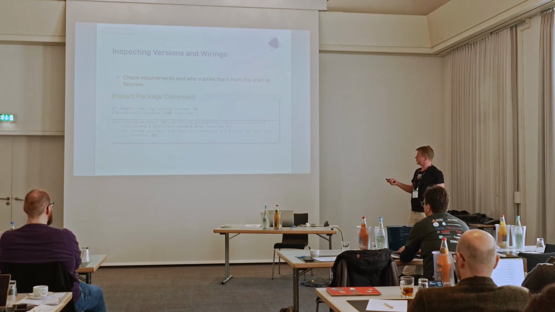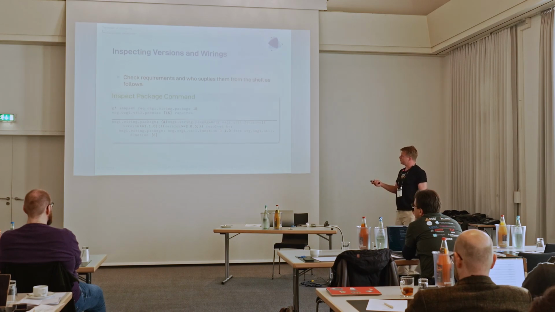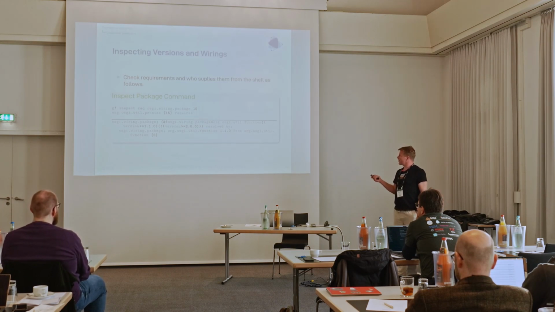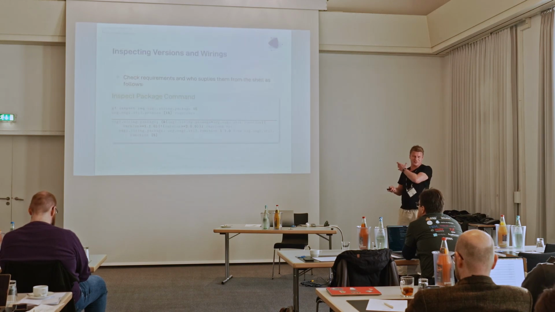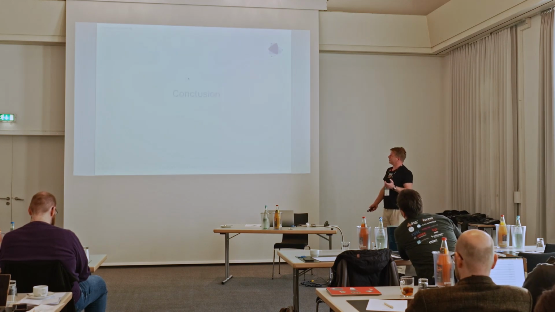It says, okay, I have an OSGi wiring package to util function with a specific version range, namely bigger than 1.1, smaller than 2, and this is resolved from the package OSGi util function in the version 1.1. The package util function version 1.1 is given to it by the bundle, oh God, OSGi util function. So, this is how you can see where things come from, and if you don't get what you expect, this is the way to find out what's messing with you.